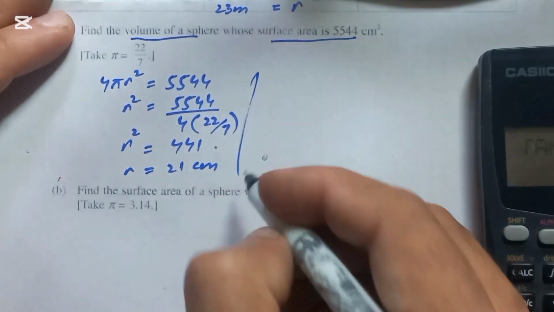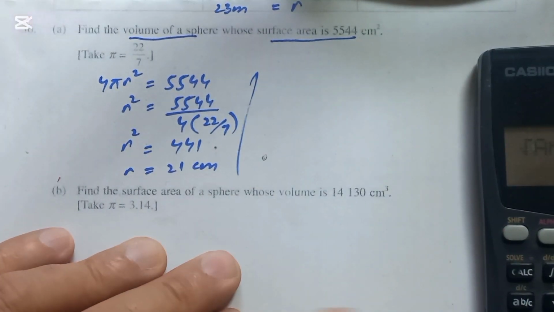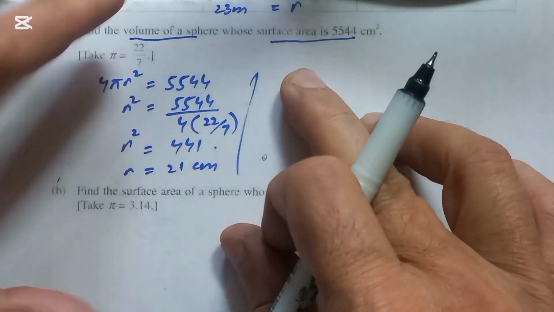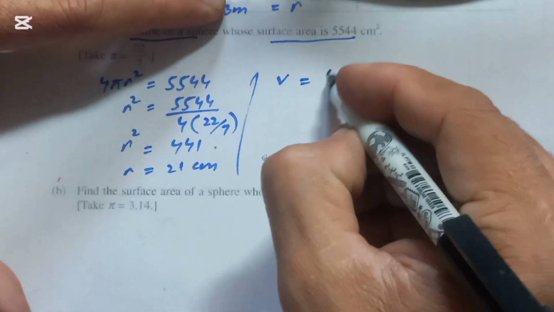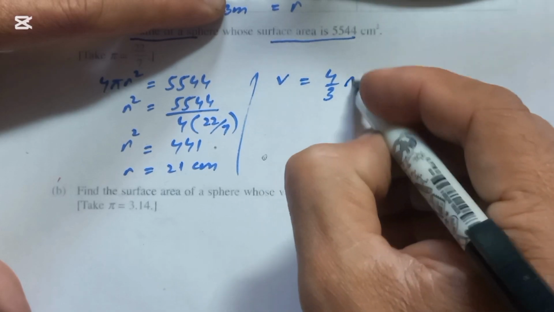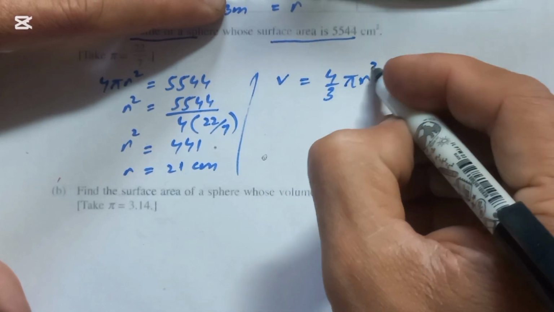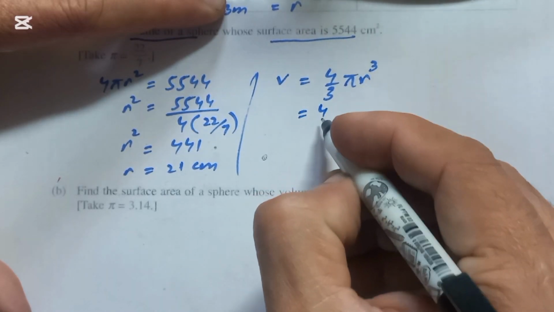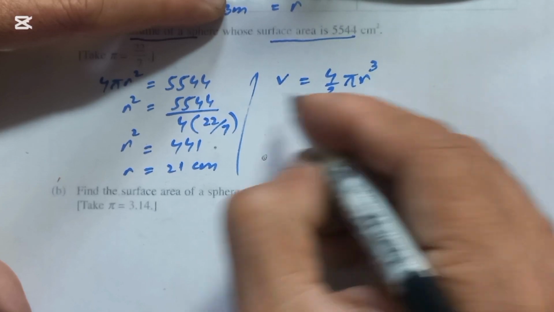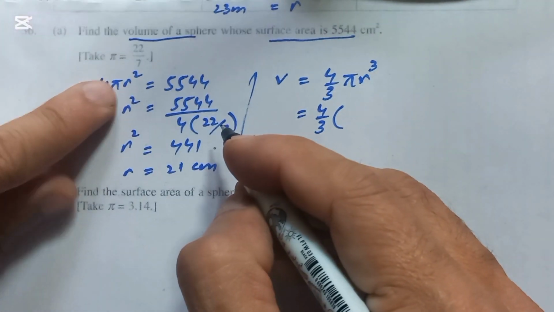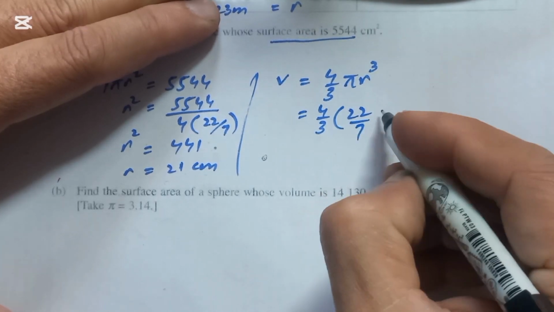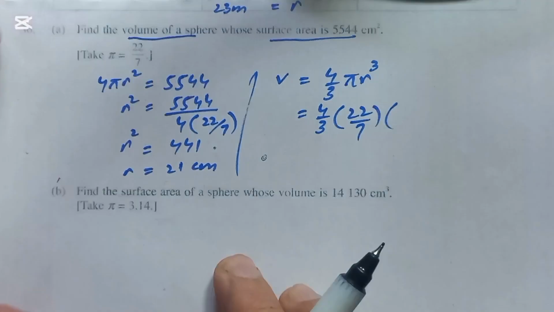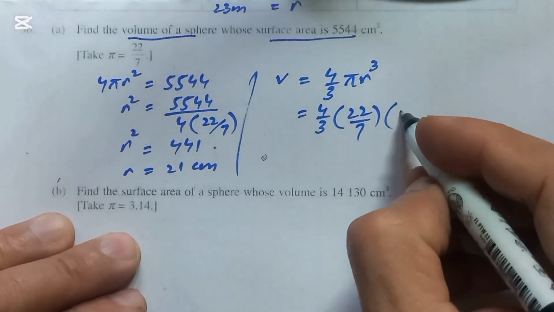And now we are able to find the volume of the sphere. Now put in the formula of the volume. The volume formula for the sphere is 4/3 pi r cube. Now put the values in the formula. Pi's value is given in the equation, that is 22/7, and r's value is 21.